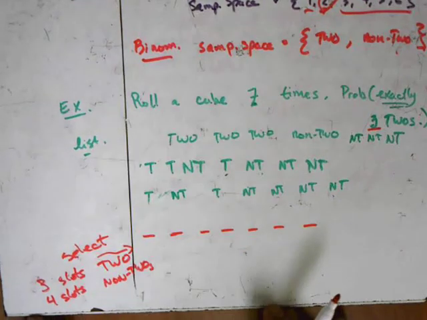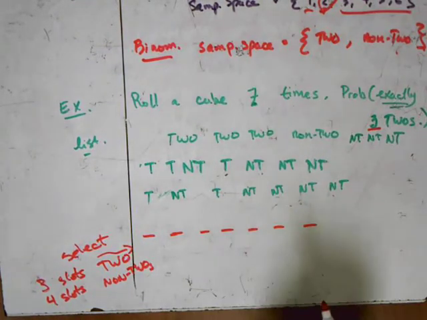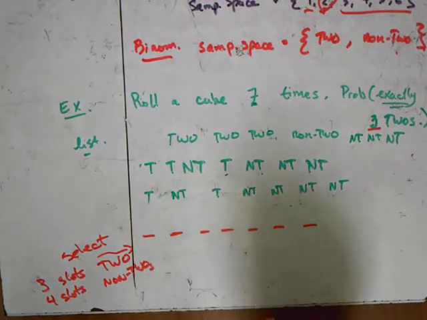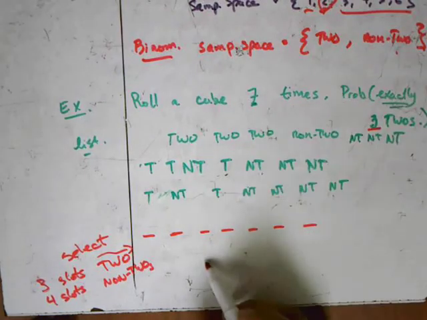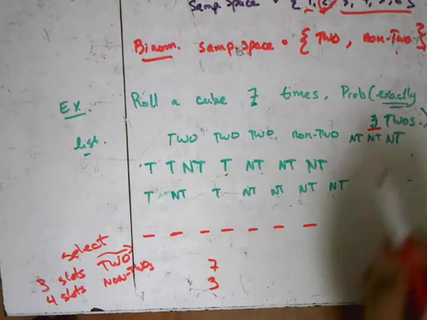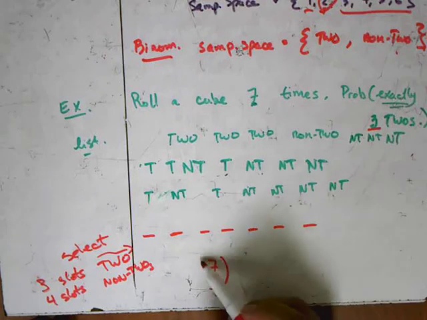And the order doesn't matter, because whether I get a 2, 2, 2 and then a bunch of non-2s, or a 2, a bunch of non-2s and then a couple more 2s, it's the same thing. So there are 7 choose 3, or 7 choose 4 different ways to do this.